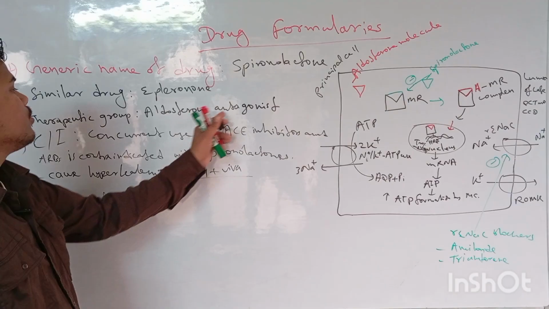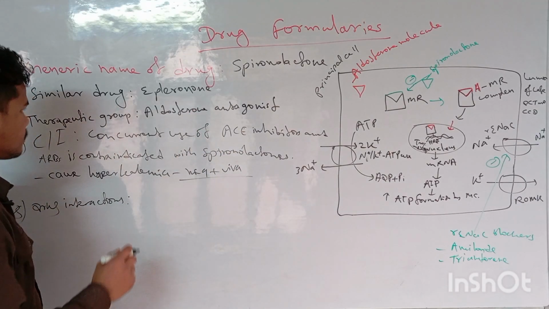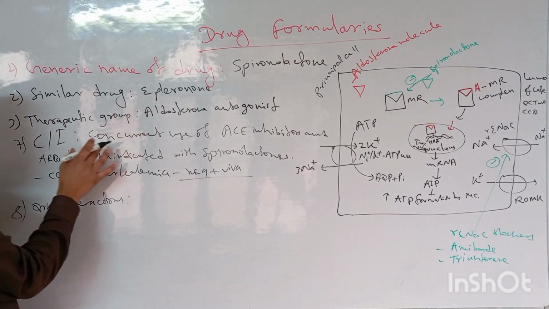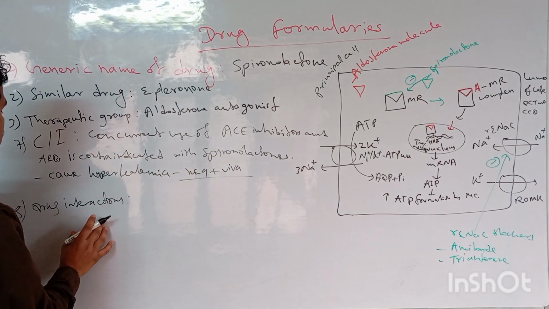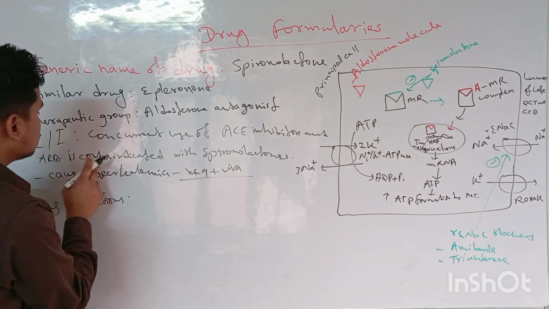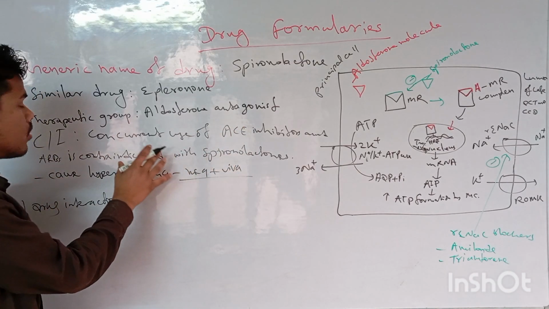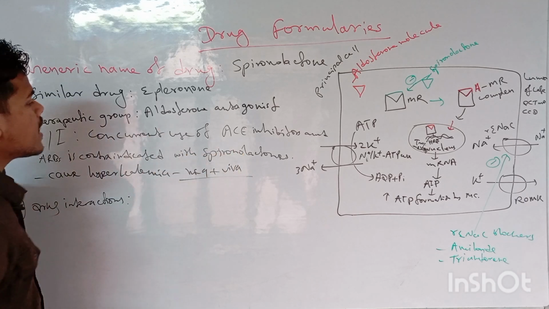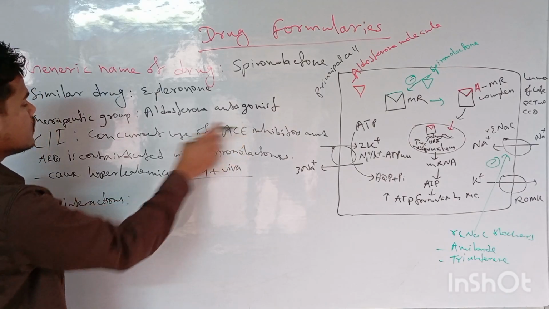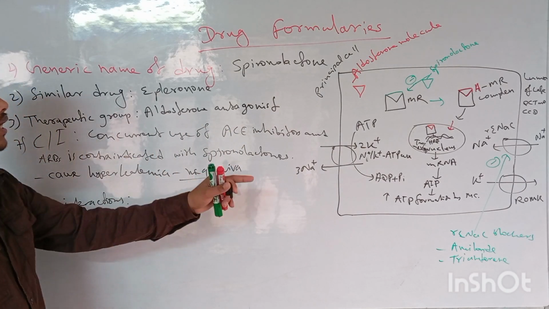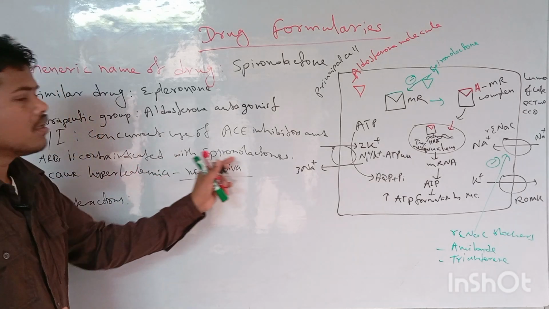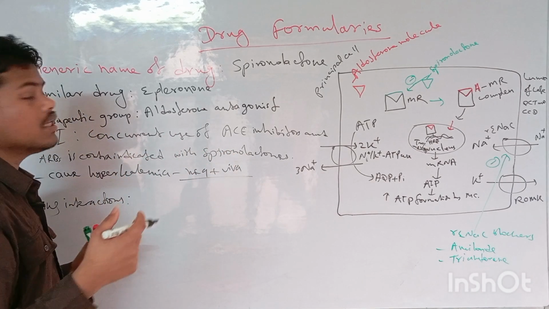In case of this aldosterone antagonist, that is spironolactone, this contraindication can also be included in this drug interaction, like ACE inhibitors and ARBs should not be given concurrently with spironolactone because spironolactone and these drugs both cause hyperkalemia. If given concurrently, hyperkalemia will become very severe.